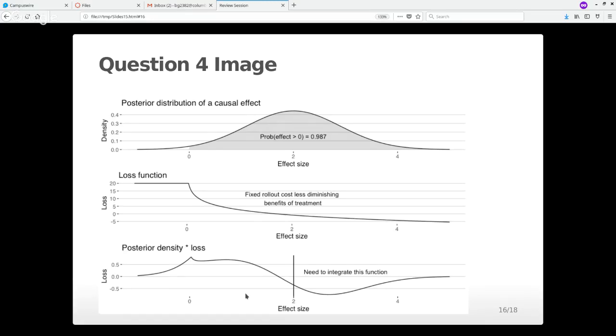The area under the third curve. The third one. So the posterior density multiplied by the loss function.